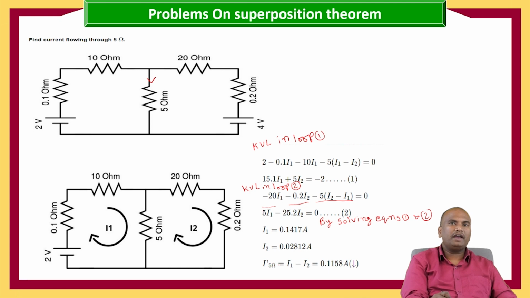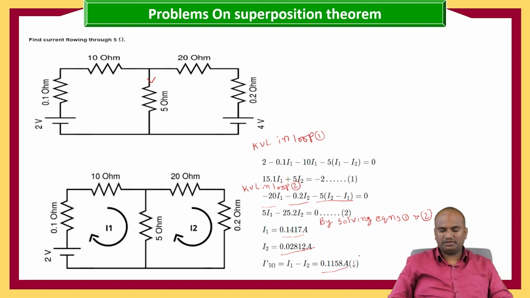Now I5 dash is equal to I1 minus I2, which is 0.1417 minus 0.02812, that is 0.1158 amperes.